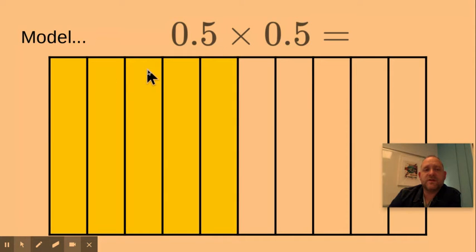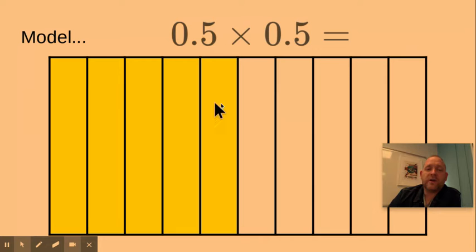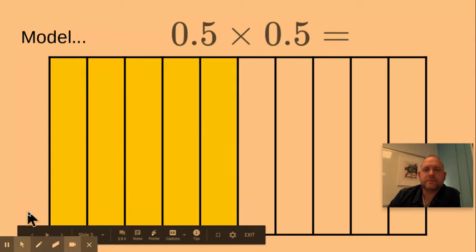So I have 1, 2, 3, 4, 5 shaded in. 1, 2, 3, 4, 5 plus 5 gives me 10 all the way across. So I have 5/10 shaded in. This is just dealing with my first part of the multiplication problem. Go ahead and draw this out on a piece of paper if you haven't already done so. I'll go ahead and pause the video and then we'll move on together.